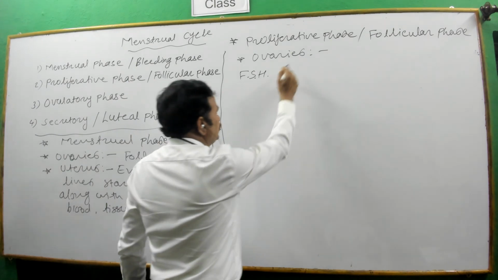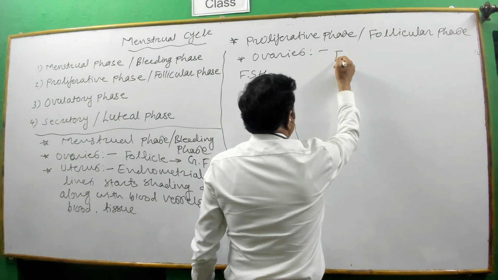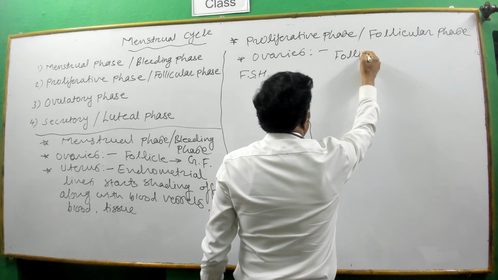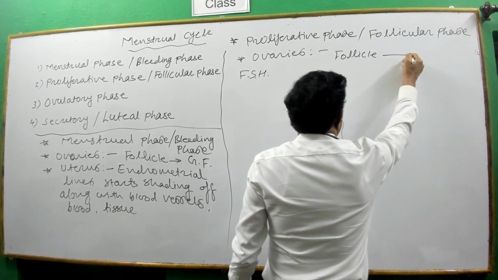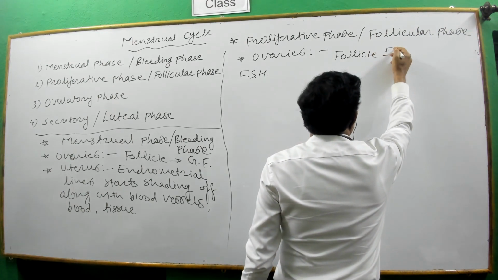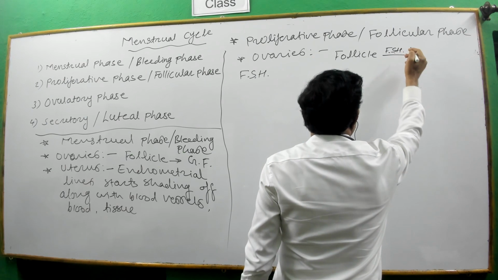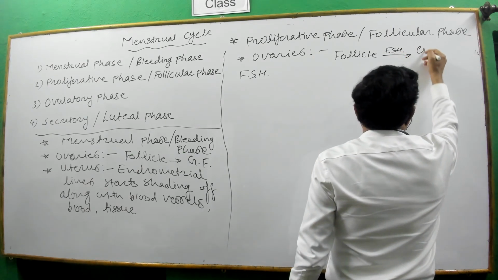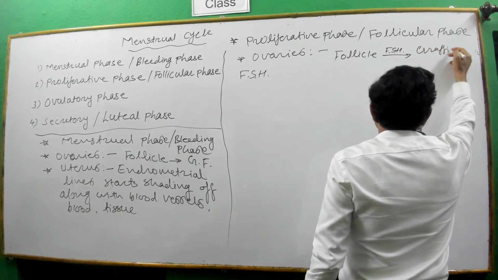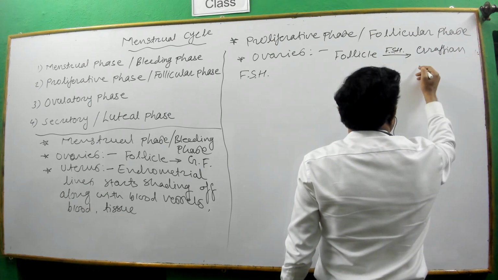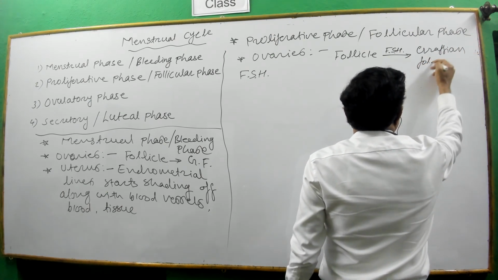Here in this phase, the follicle under the effect of FSH is converted into a completely mature follicle, that is called a Graafian follicle.